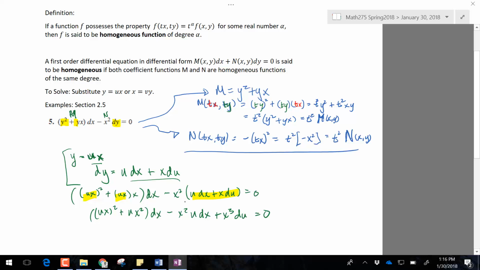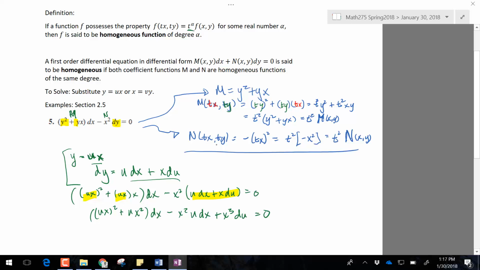Josh? The m, when you replace x with tx and y with ty, becomes something with a t times the m function.